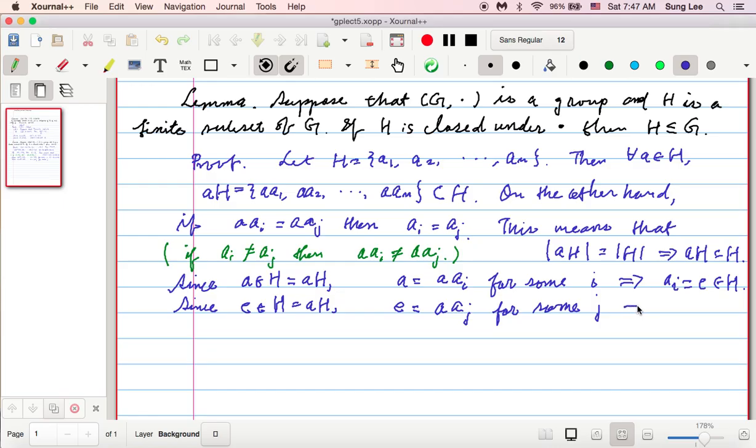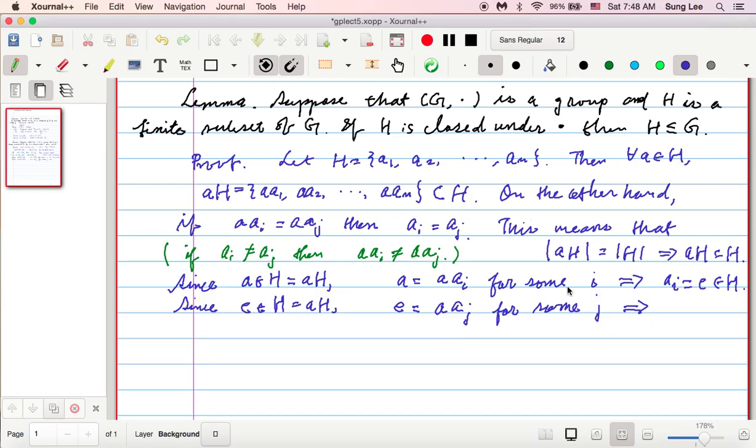Remember earlier that we talked about some basic properties of groups, right? So in this case, A times AJ equals E. So AJ has to be the inverse, and the inverse element exists uniquely, right?